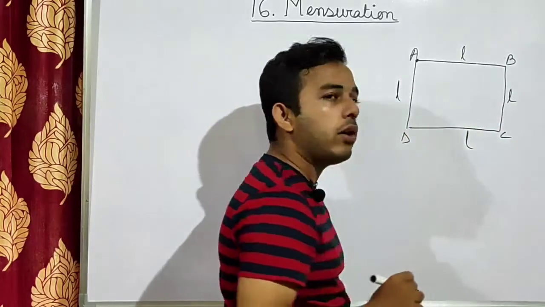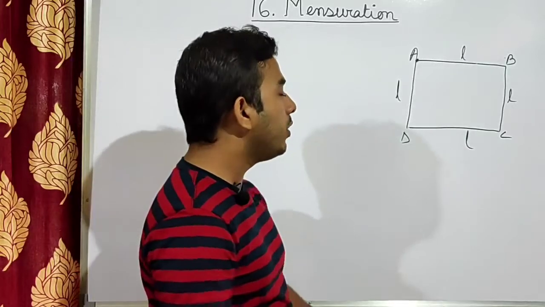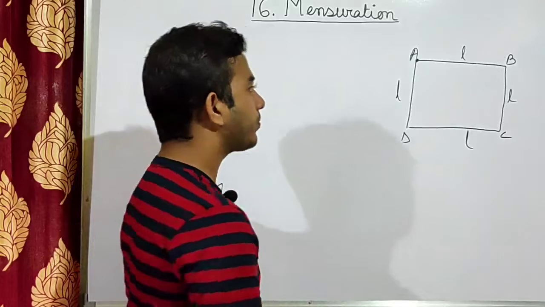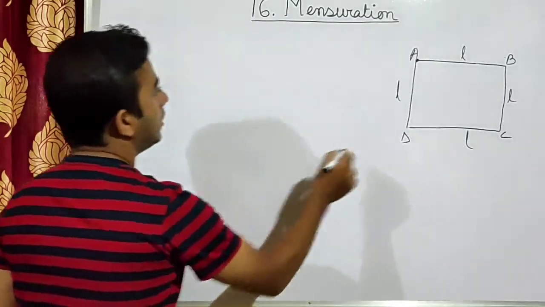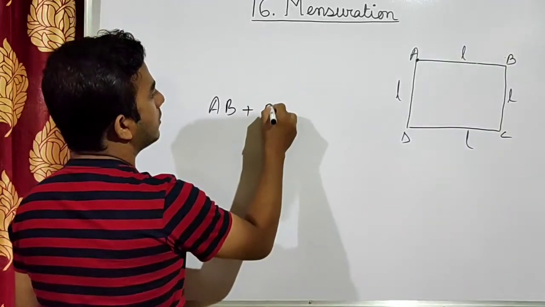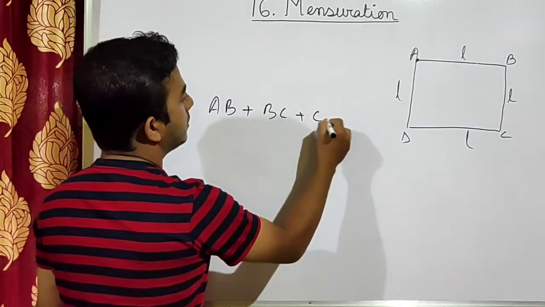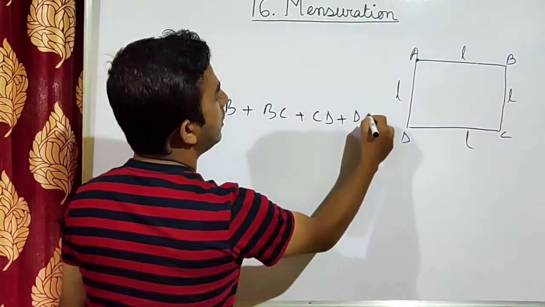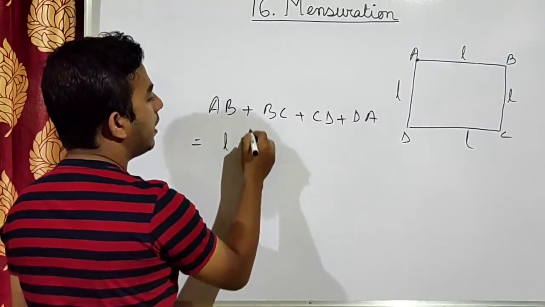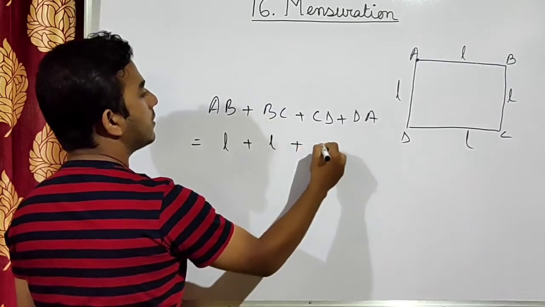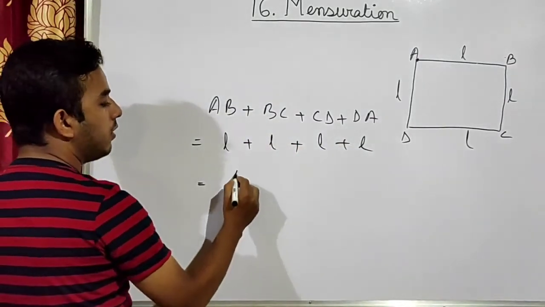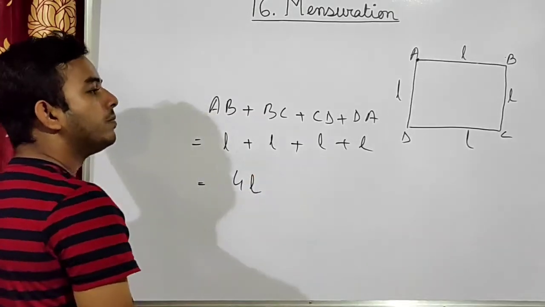Because in a square all sides are L. Now if we add AB plus BC plus CD plus DA, what will it be? In place of AB, what can we write? L plus L plus L plus L. So how many L's are there? 4L. Isn't it?